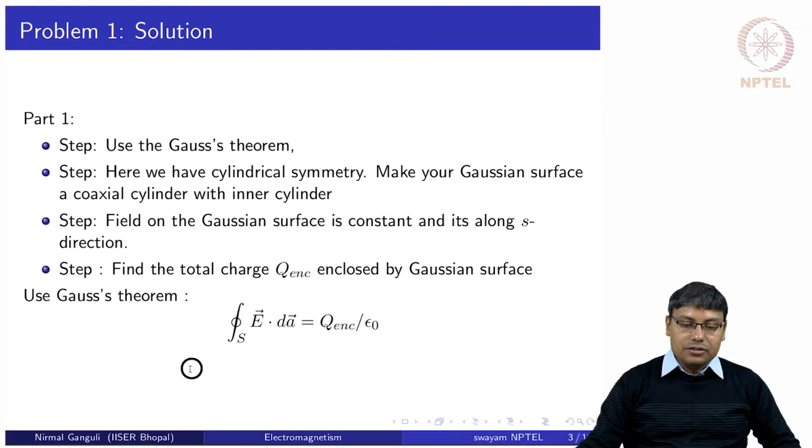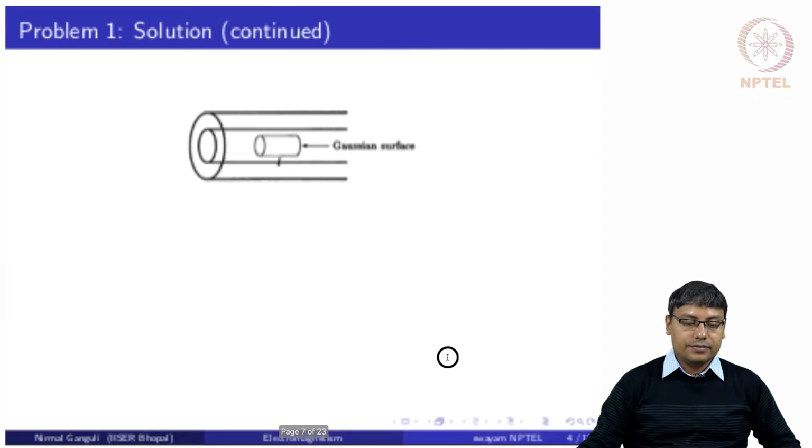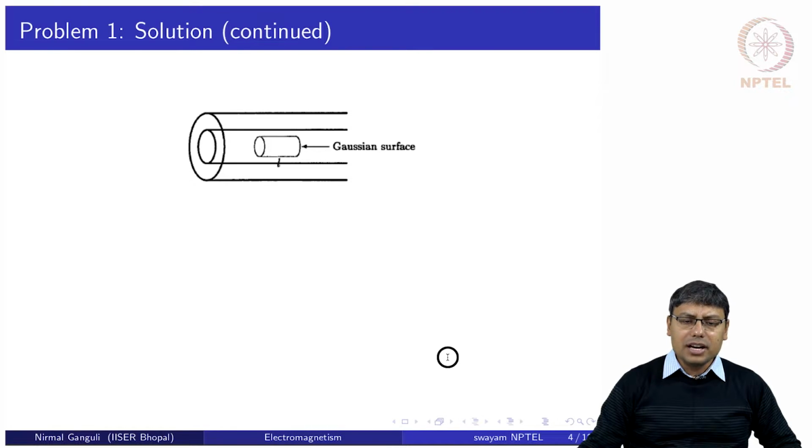So, we have Gauss's theorem, the closed surface integral of E dot dA gives the total charge enclosed, Q enclosed, over epsilon naught. How do we do that?